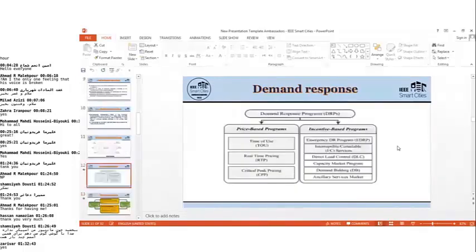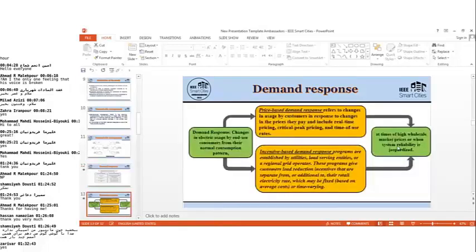Okay, demand response program. Demand response programs in general are divided into two types: price-based demand response and incentive-based demand response. Each one of them has some other types or subsections: time of use, real-time pricing, critical peak pricing, and the other one, emergency demand response program, direct load control, as shown in the picture.